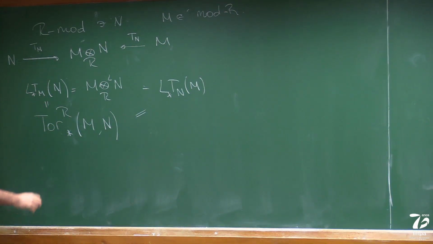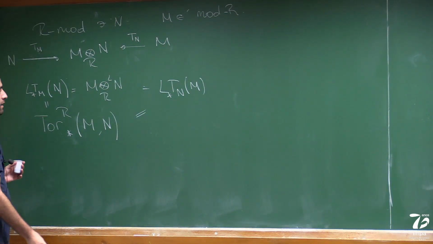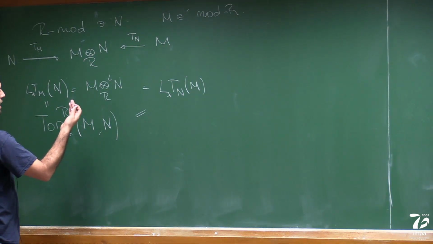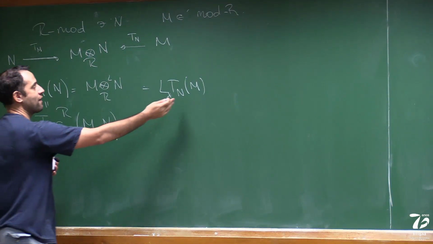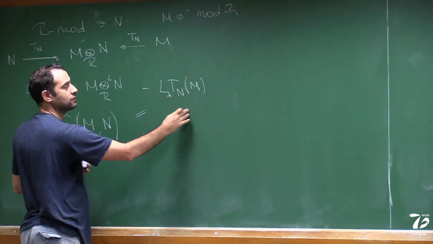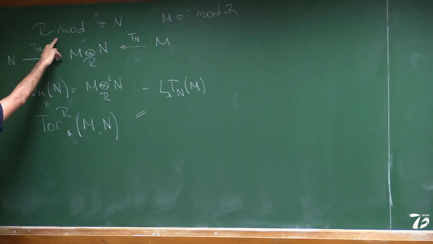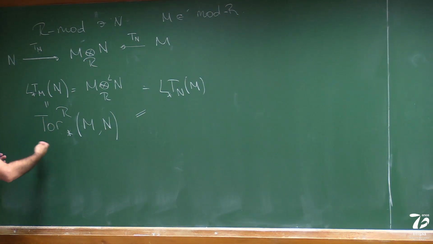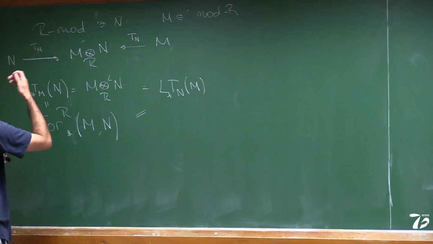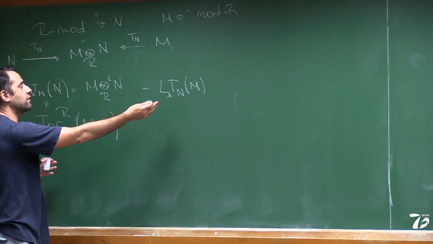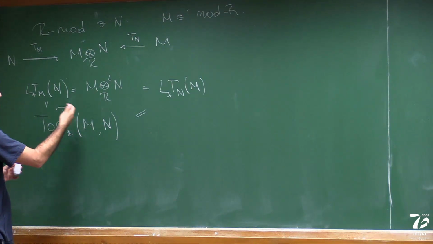And you could compute either of them by taking a projective resolution of M in this category here, or taking a projective resolution of N in this category here, and then you just take the tensor product with M. So either way, you either resolve M or resolve N, you get the same answer.